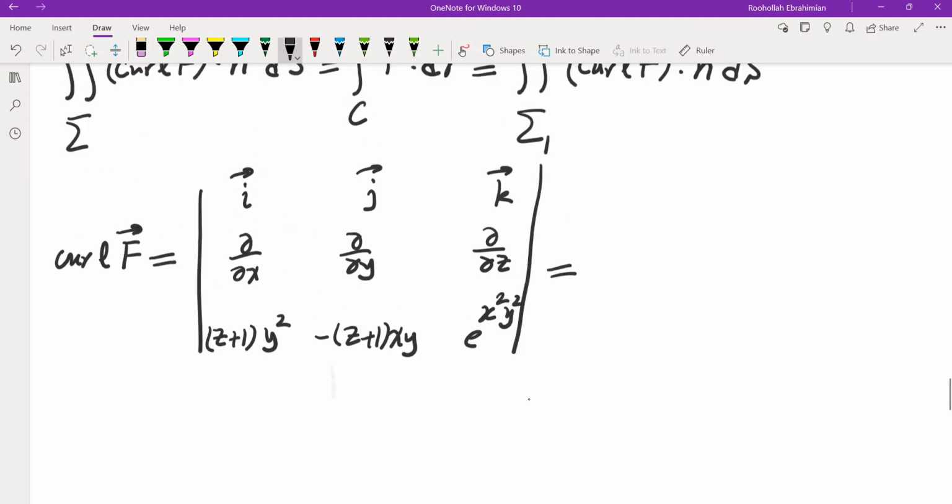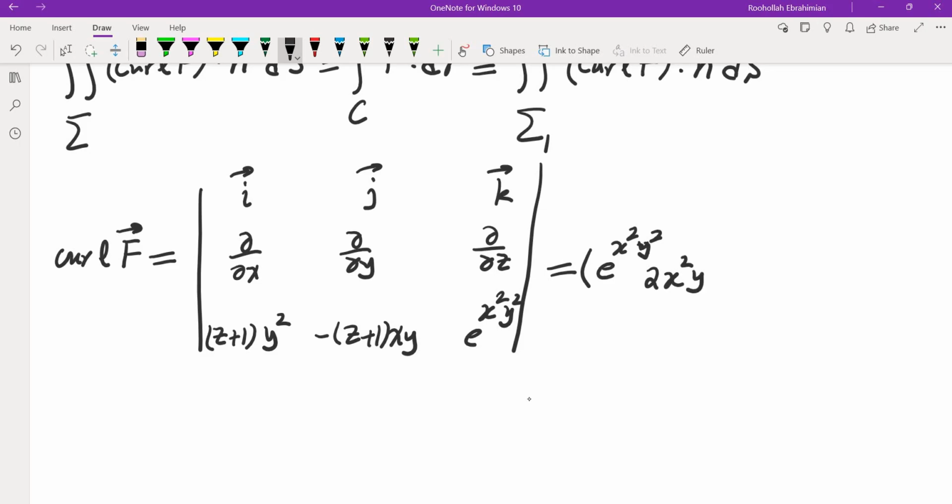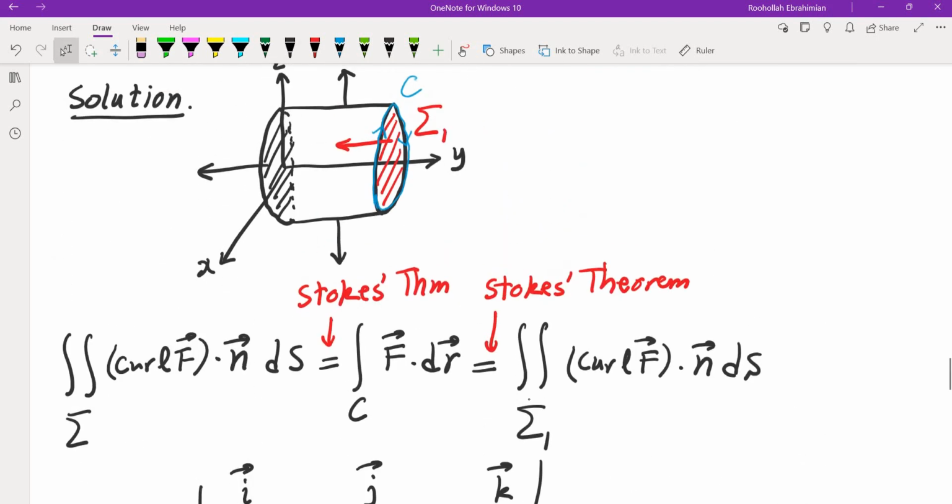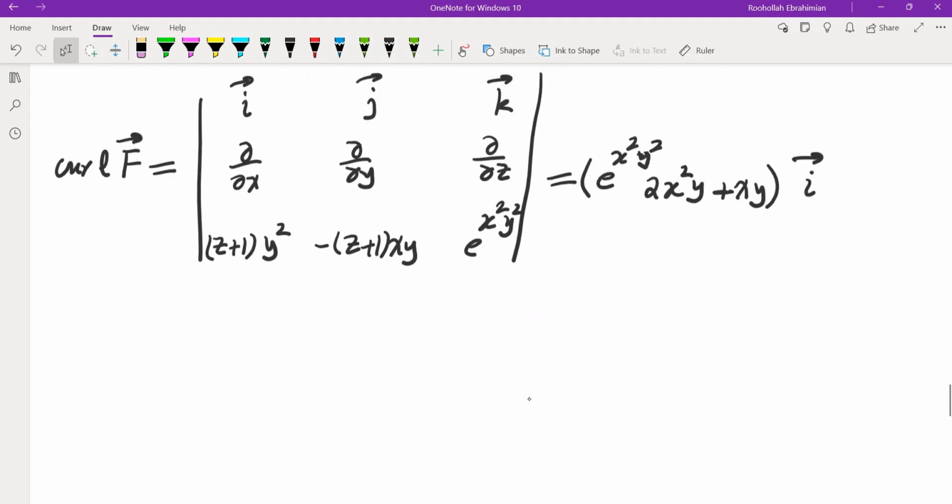So this is equal to, eliminating the first column, the derivative of e to the x squared y squared, times the derivative of the inside, which is 2x squared y, that's the derivative with respect to y, minus the partial with respect to z, which is plus xy, i. Again, we know this is not going to matter because eventually we'll have to find the dot product with n, and n is in the direction of the y-axis. So the i component doesn't matter.